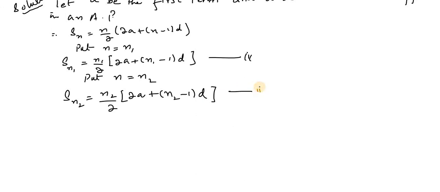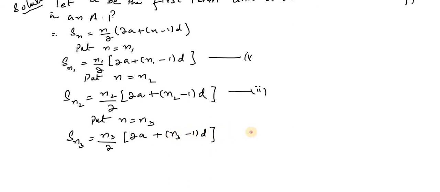This is our equation number 2. After that, put n is equal to n3. So Sn3, which is S3, is n3 upon 2 times (2a plus (n3 minus 1) D). This we say is our equation number 3.